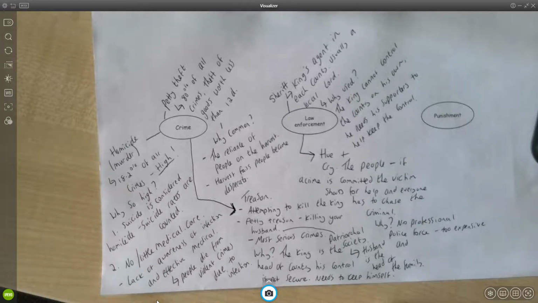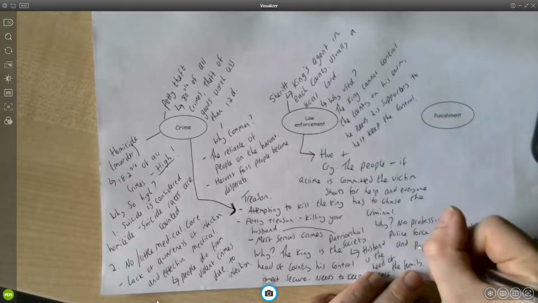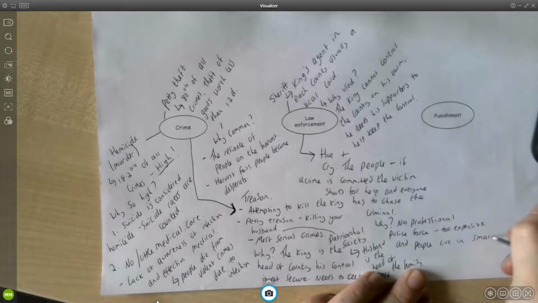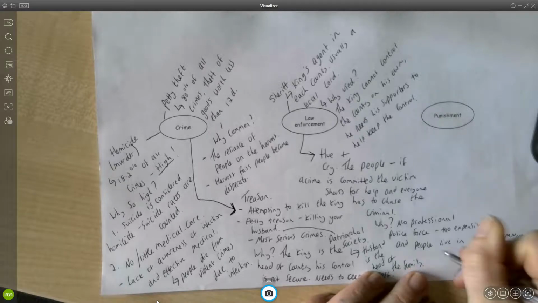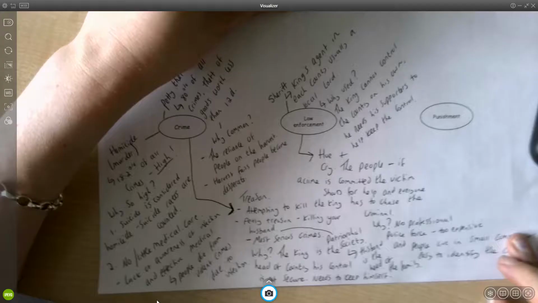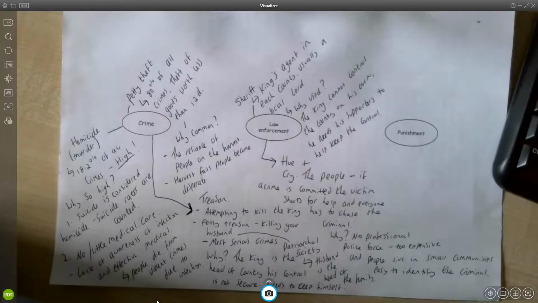It's quite easy to identify the criminal. Oh, my writing. If you can't read what I'm writing, I apologise. Just pause, rewind and listen to what I've said. But it says people live in small communities, easy to identify the criminal.